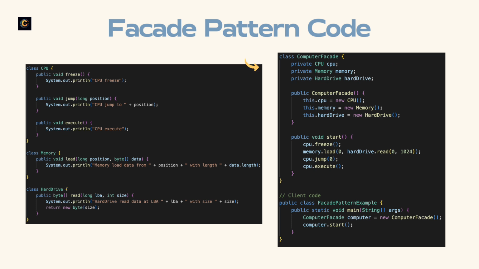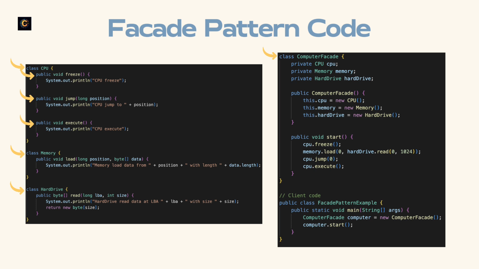So we have a CPU class with methods like freeze, jump and execute. Then we have a memory class with a load method and then a hard drive class with a read method. Now here comes the computer facade, which has all the instances of the above classes along with a start method.